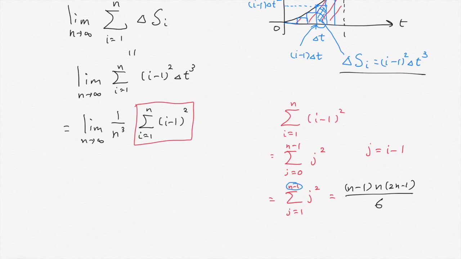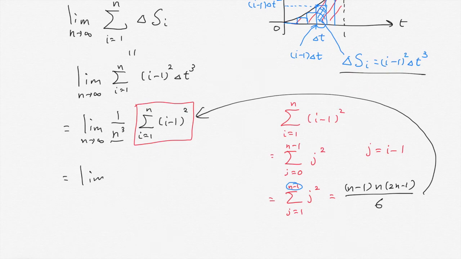Then you can substitute this into the equation and divide by n cubed. Then it becomes the limit as n goes to infinity of 1 over 6 times (1 minus 1 over n) times (2 minus 1 over n).